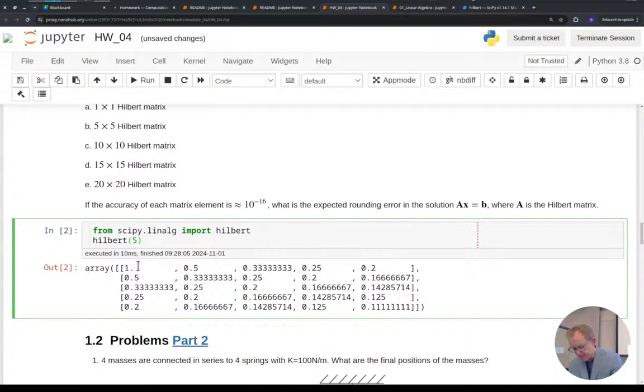It starts off at 1, but along the diagonal it goes 1, 1/3, 1/5, 1/7, 1/9. The diagonal values keep getting smaller, and on the cross diagonal here, it's 1/2, 1/3, 1/4.